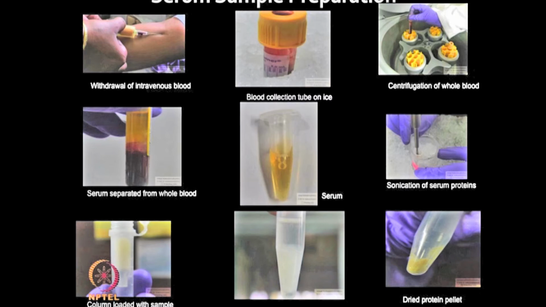Now, for the serum proteome analysis, different modifications can be performed, such as sonication, which can be used for disrupting the high abundant proteins and also helps in better resolution. Then depletion strategies to remove the abundant proteins, precipitation of these proteins by adding acetone, and then drying out the protein pellet and reconstituting it in a suitable buffer for further proteomic applications.